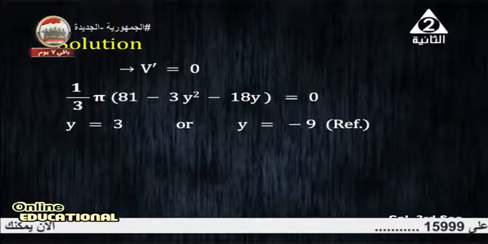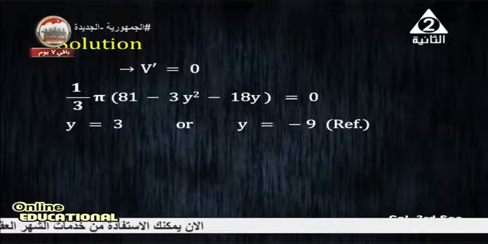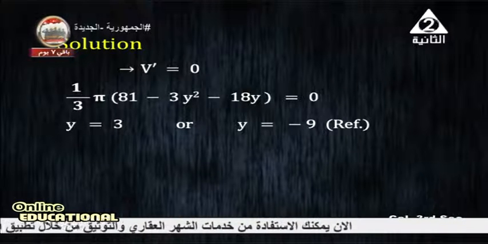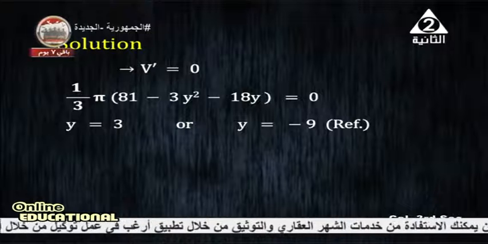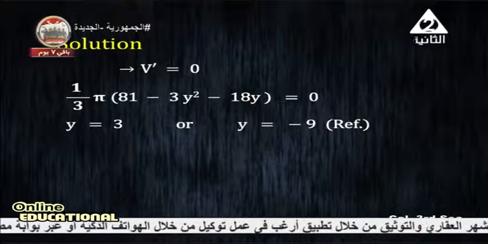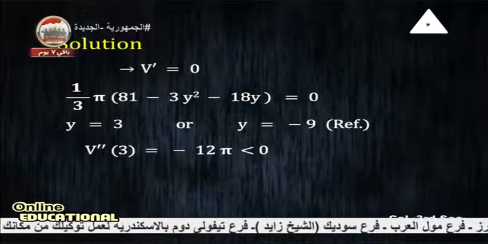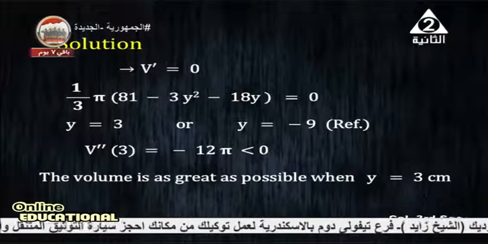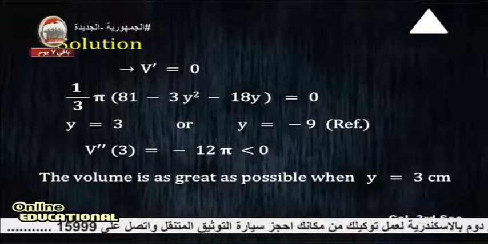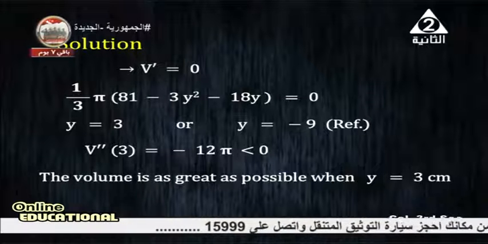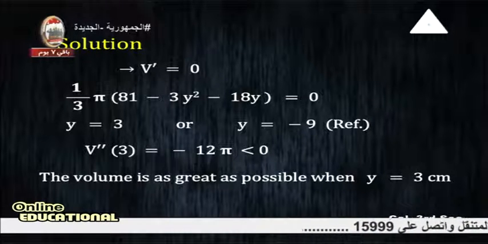Y is the length, so negative 9 is refused. Now we can use the second derivative test. When y equals 3, then V double dash of 3 equals negative 12 pi. Negative 12 pi is a negative value. Then the volume is as great as possible when the value of y equals 3 centimeters.